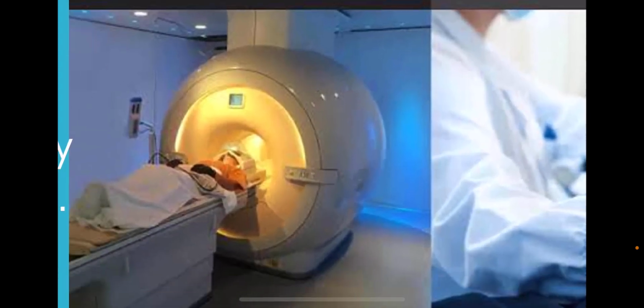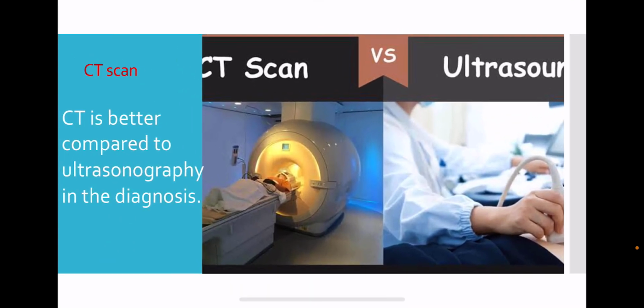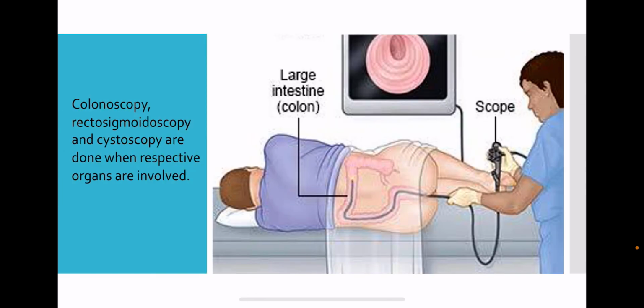So the CT scan will be of better use rather than USG. Colonoscopy, rectosigmoidoscopy, and cystoscopy are done when the respective organs are involved. Whenever the colon, the rectosigmoid or the respective organs are involved, accordingly we do the colonoscopy, rectosigmoidoscopy, and cystoscopy.